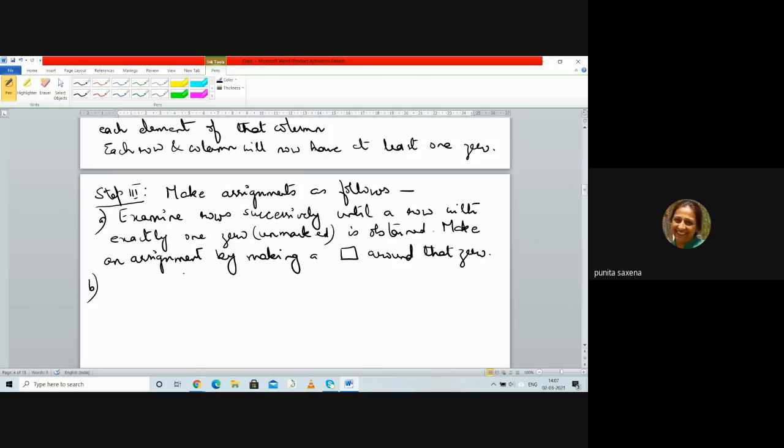So what we do as a next step is that, the way we are doing markings by marking a square, this can be done for more than one row in a particular go. Okay, so for each zero value that gets assigned, we strike off all other zeros in that column.